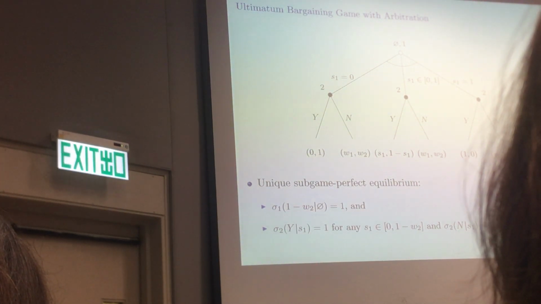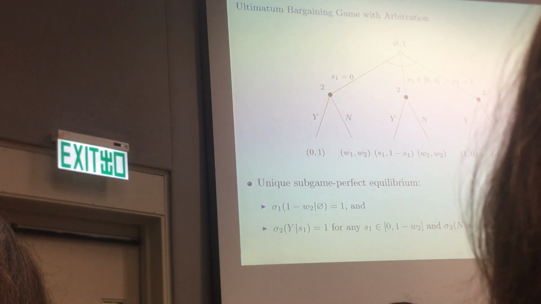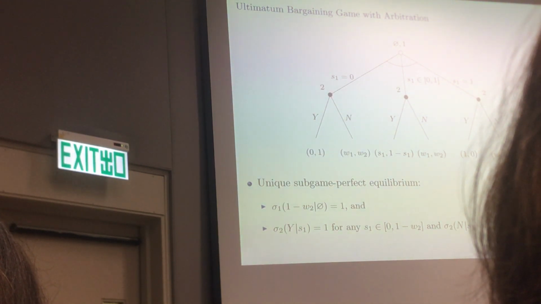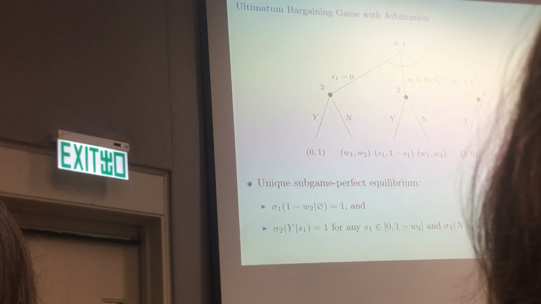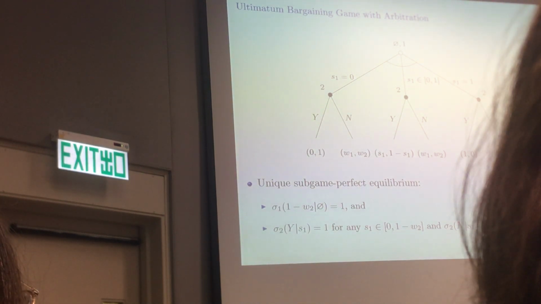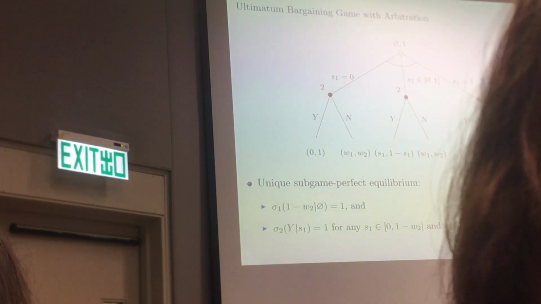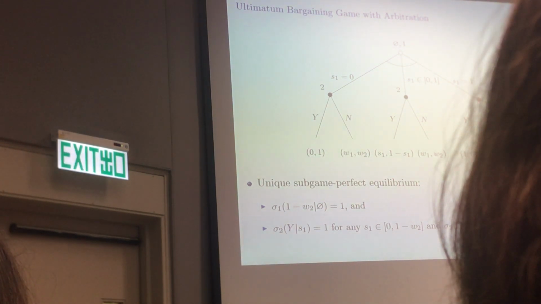Using exactly the same logic here, even if player 2 is indifferent in this case, player 2 has to choose yes. If player 2 randomizes, then player 1's payoff from choosing S1 equal to this number is somewhere between two numbers.